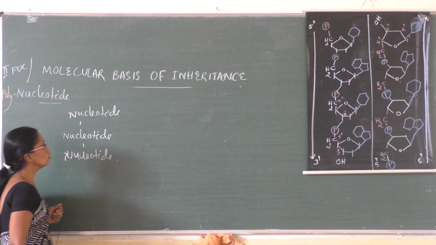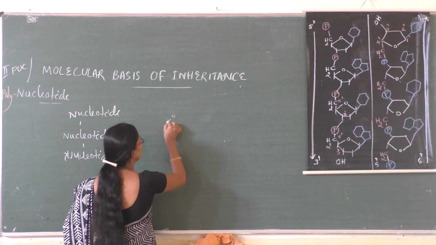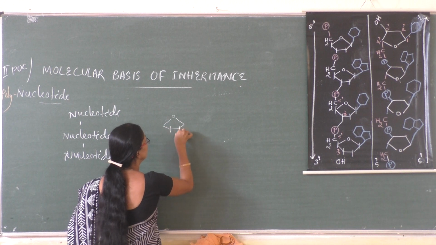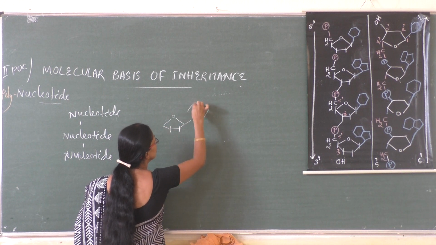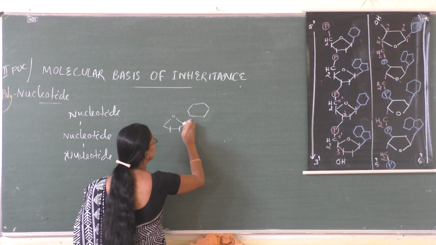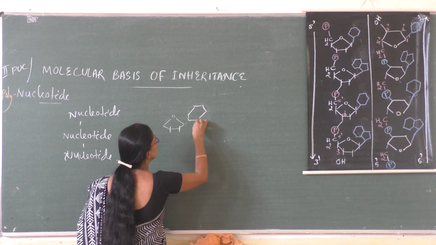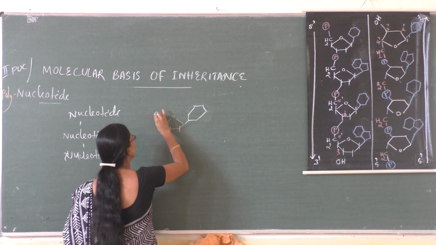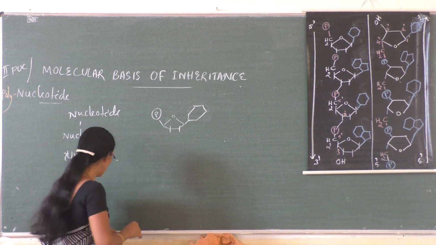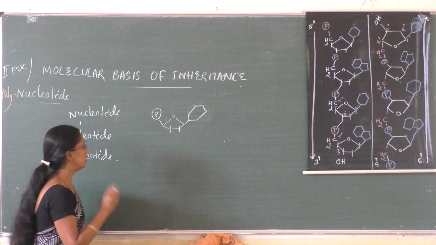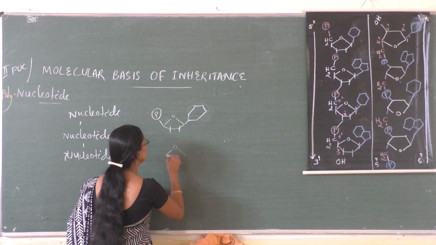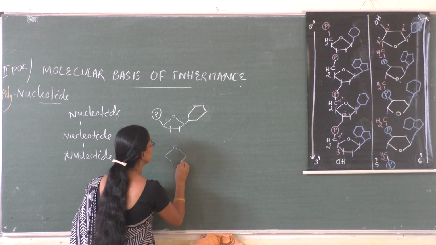Now how are the nucleotides joined? For example, this is a sugar, this is the nitrogenous base, and this is the phosphate. So this is one nucleotide. I will draw another nucleotide. This is another nucleotide.